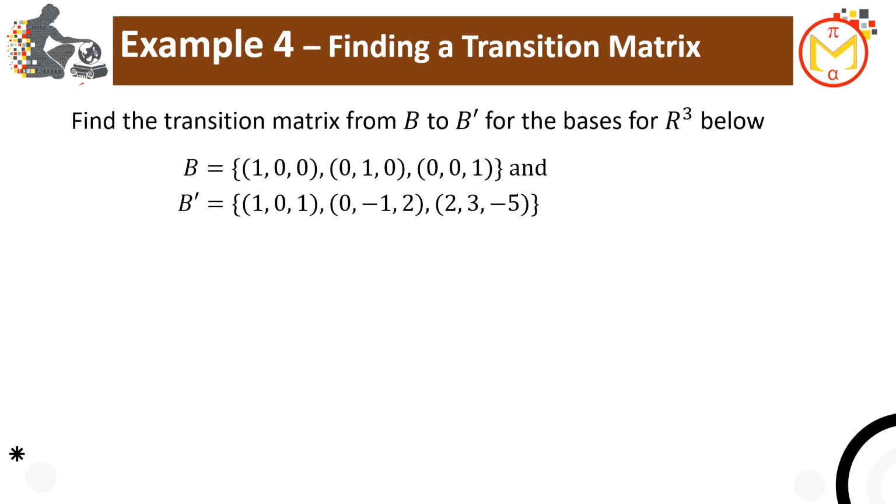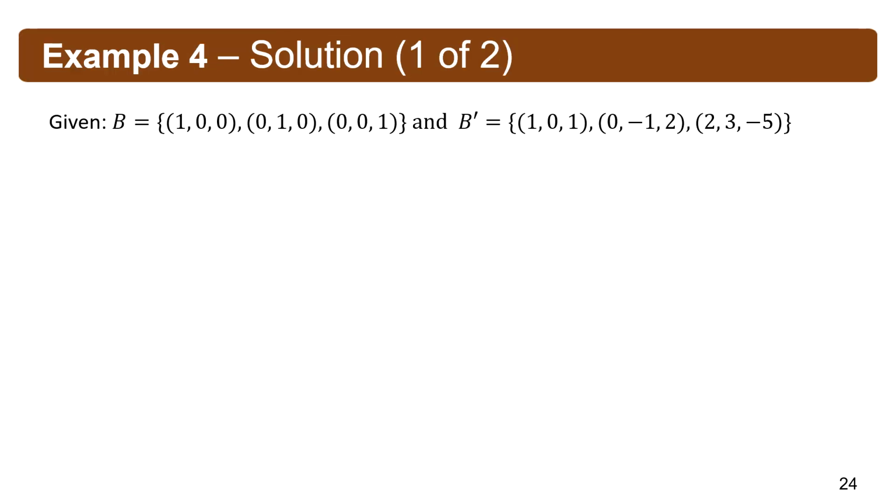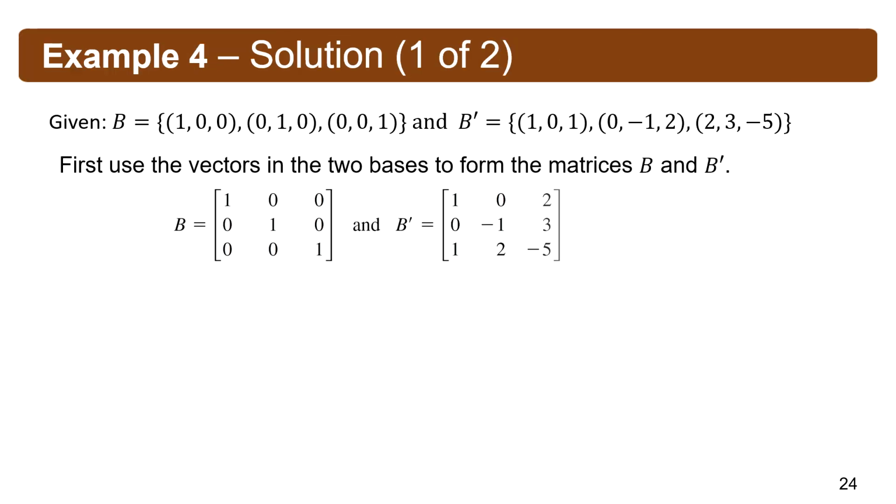For example, find the transition matrix from B to B prime for the bases of R3. We're given B, and notice that this one is a standard basis, and B prime. Then we have to write them in matrix form.